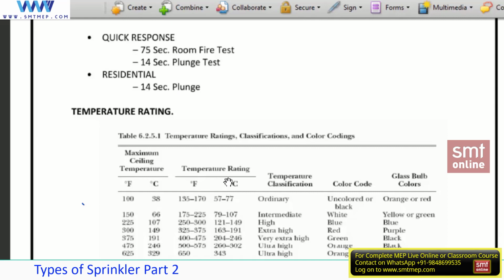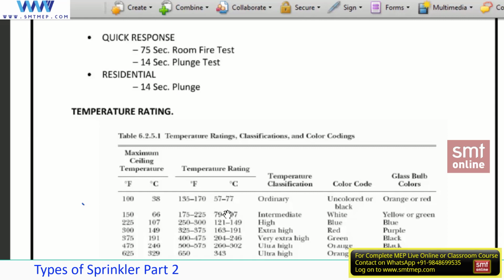Next, the thermal rating of the sprinkler, 57 to 77. In this range you see the color orange or red. Generally, less than 60 up to 65 you'll find orange, and above that, red. But in actual practice, many vendors offer the red color. So the thermal rating for orange, including red, combined is 57 to 77.